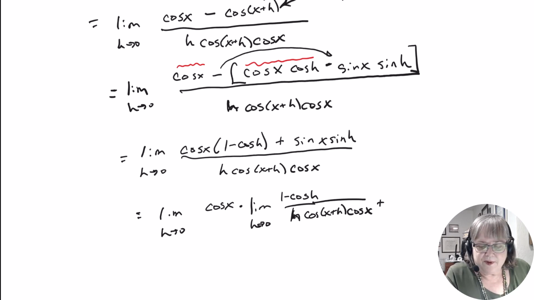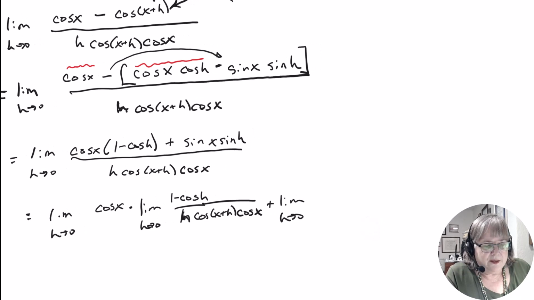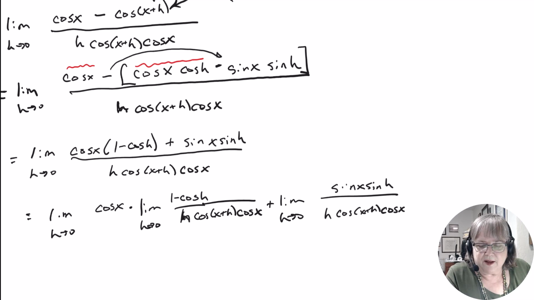Okay, plus the limit as h goes to 0 of sine x sine h over h cosine of x plus h cosine of x.